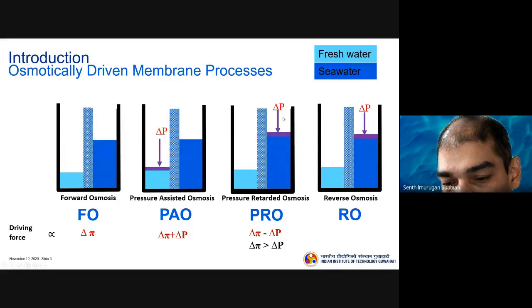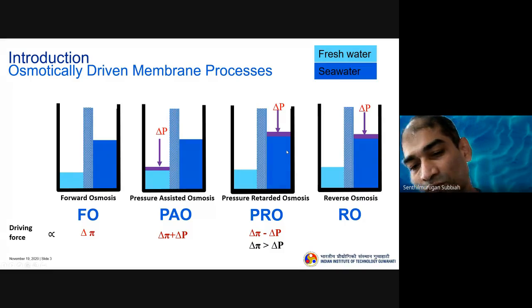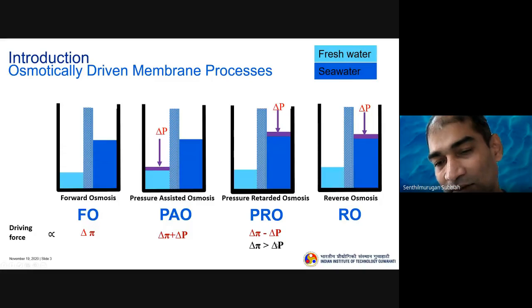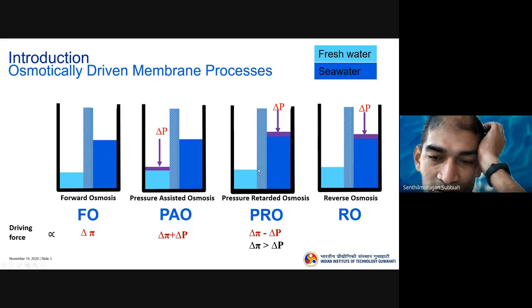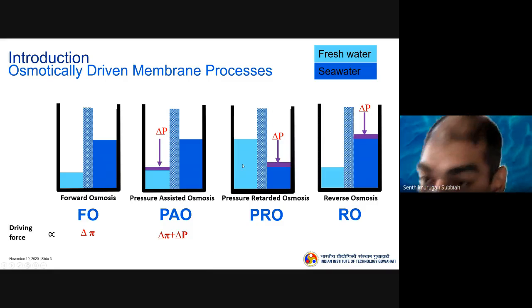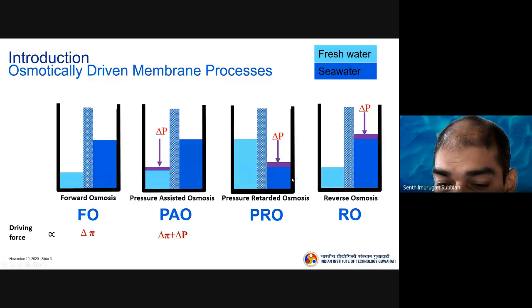Because the delta P is going to restrict the water flow which is coming from the fresh water to the seawater. However, the delta P is going to be less than the delta pi, so that water will still be flowing from the fresh water to the seawater, even though we are applying the pressure, because delta pi is greater than delta P.